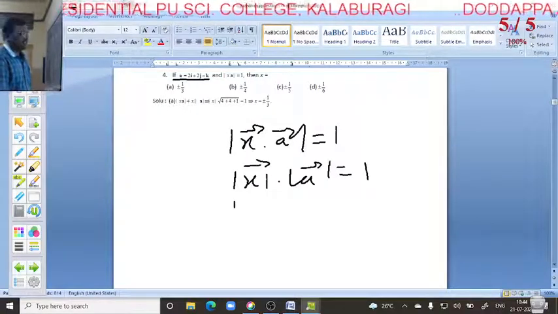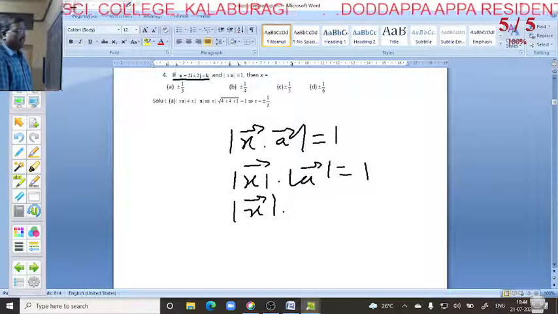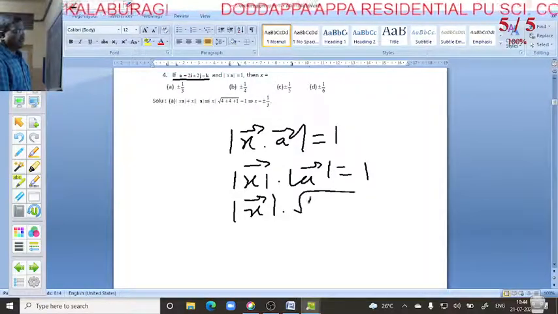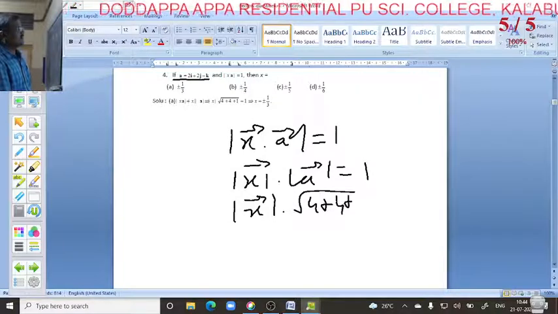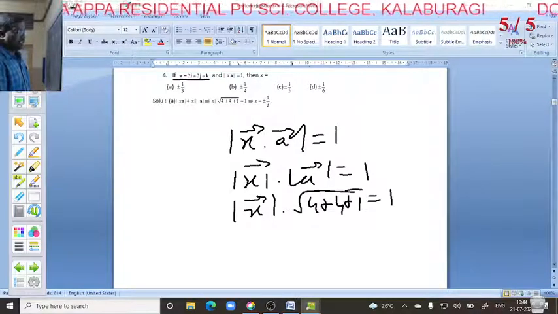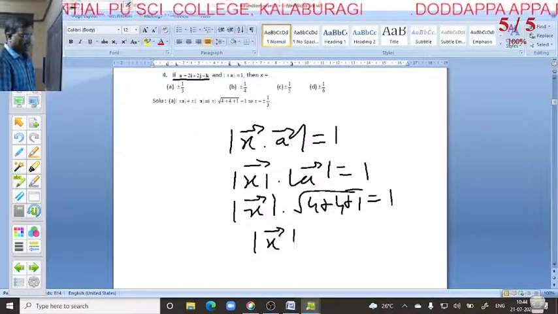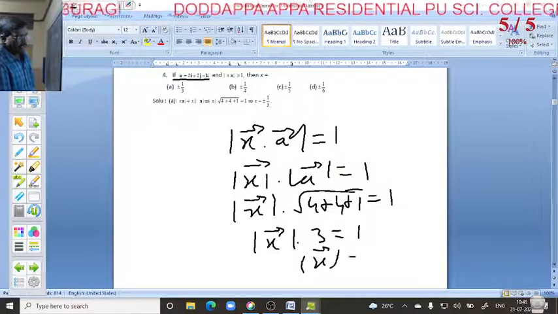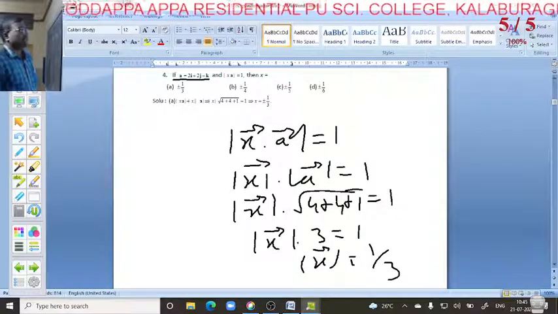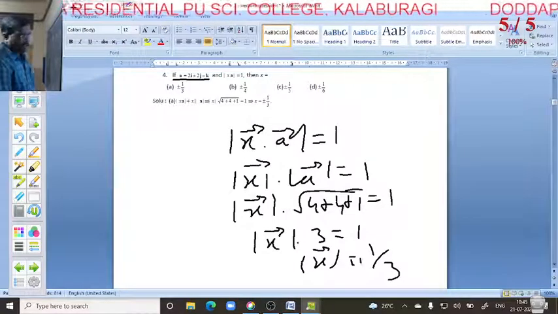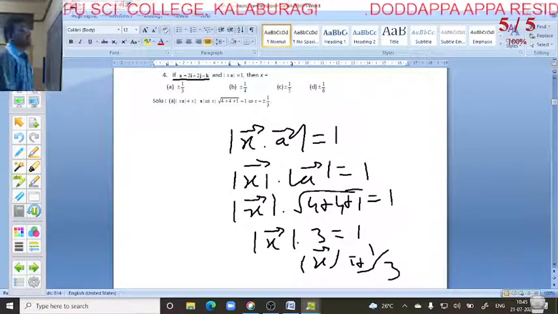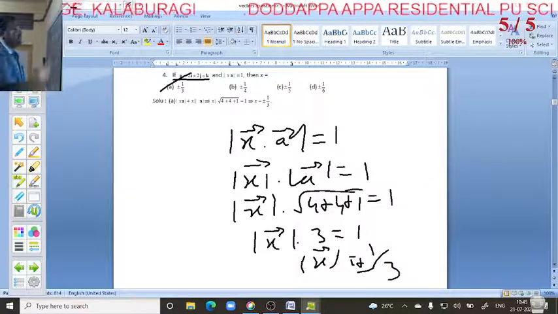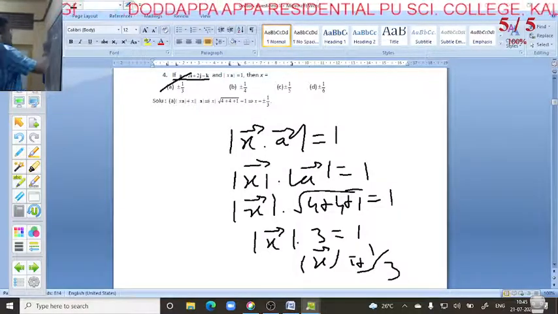You have to find out the magnitude of vector A, that is root of 2 square, 2 square, 1, which is 9, root 9 is 3. So if you take 3 to that side, it is divisible by 3, that is 1 by 3. Here you can take plus or minus. So that is which option? First option. Okay.